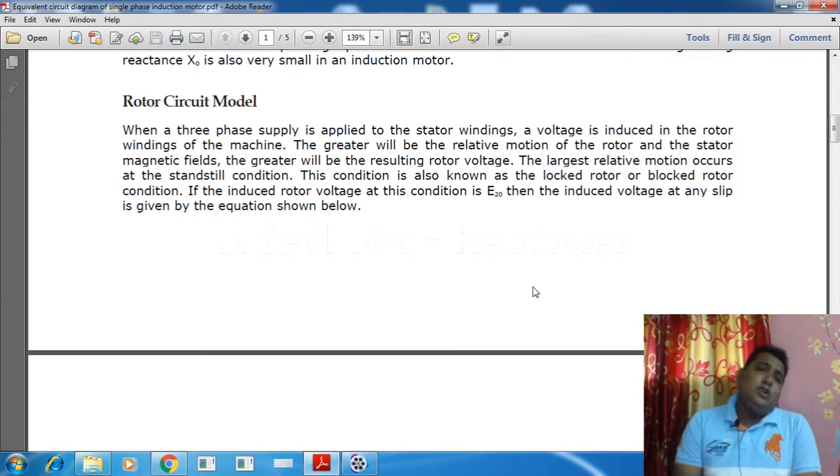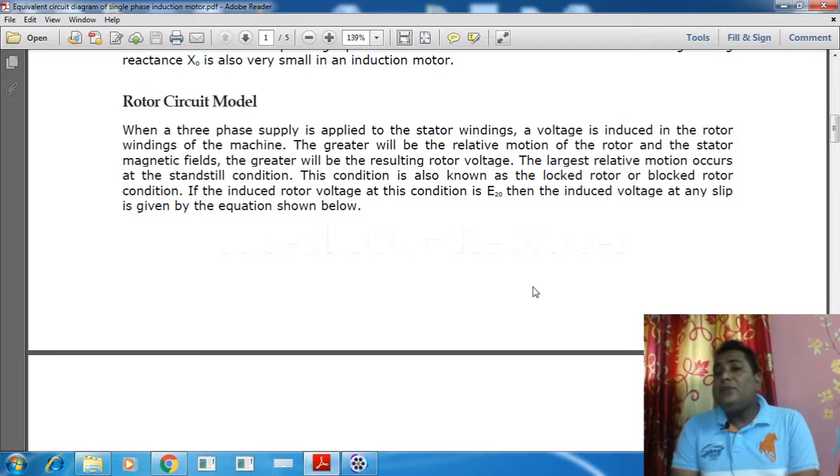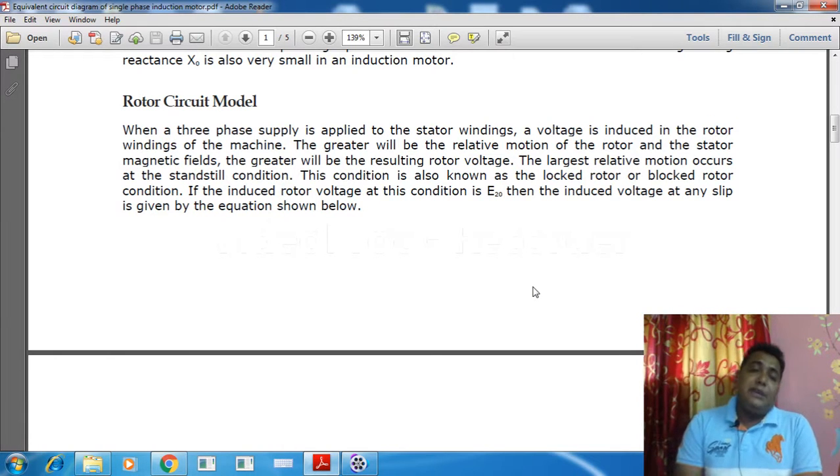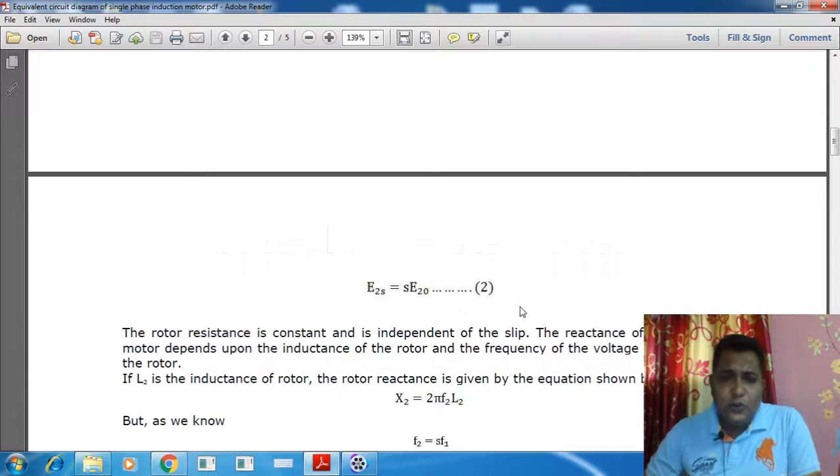If the induced rotor voltage at this condition is E20, then the induced voltage at any slip is given by the equation below. So what is the equation?